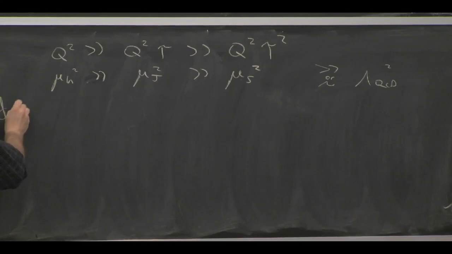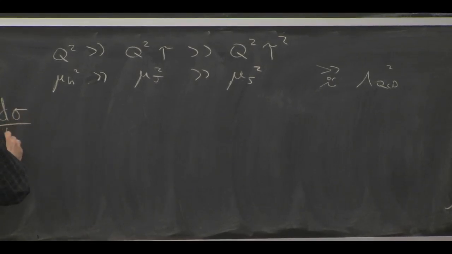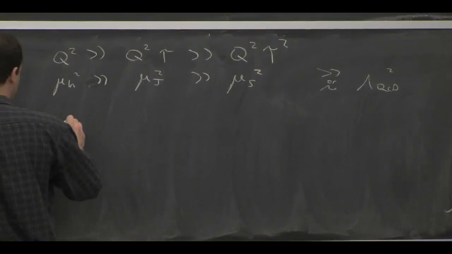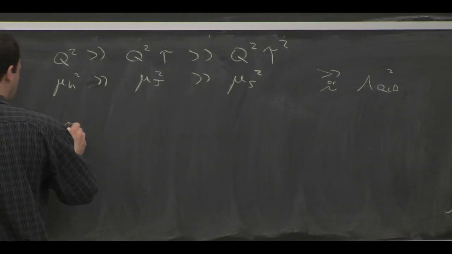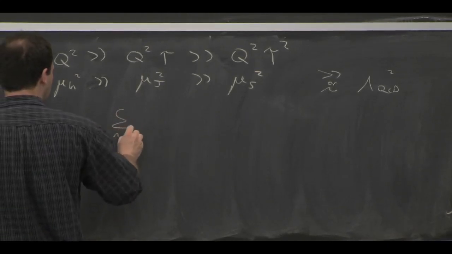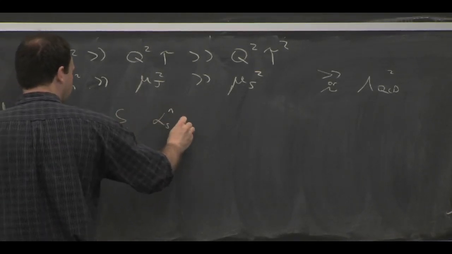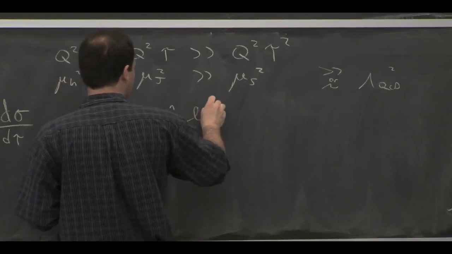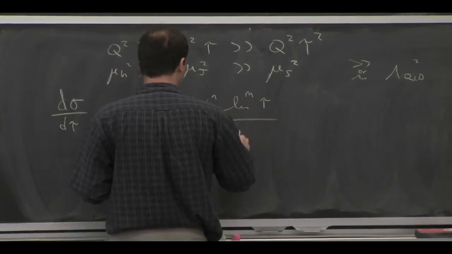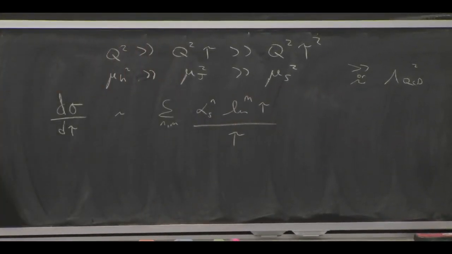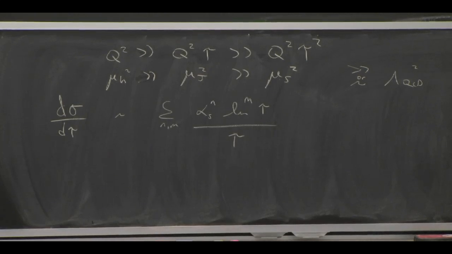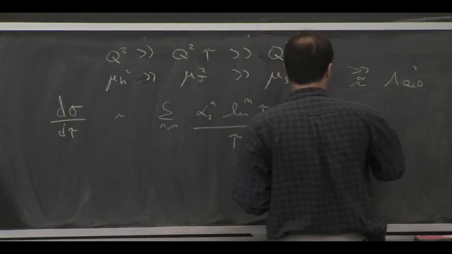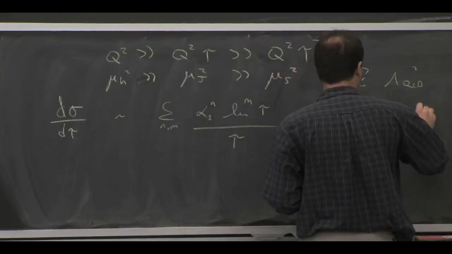And the type of terms that our factorization theorem would be able to resum if we did the renormalization group evolution would be sums of powers of alpha and logs of tau. Tau is a dimensionless variable, and so the kind of terms that would show up in the cross-section are terms like that, plus non-perturbative effects.